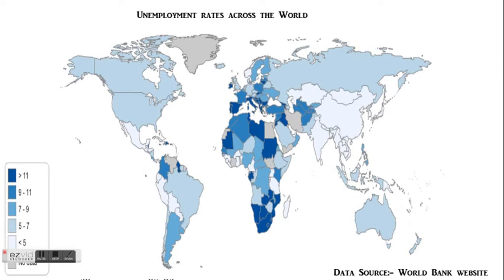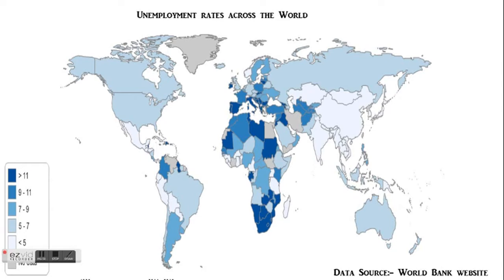This map template is given by default in the tool. All I did was edit the Excel sheet given along with it and place the data of unemployment rates across the world from the World Bank website into this one. Now, whatever data you place in the Excel sheet is effectively expressed through maps like this.